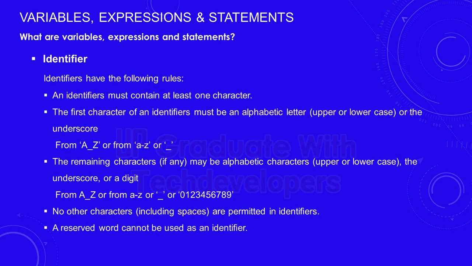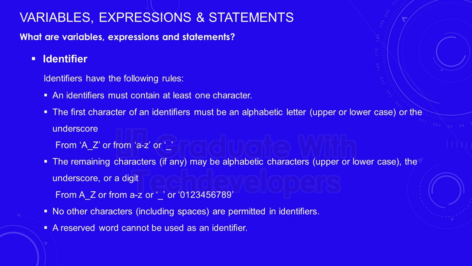So alphabets are from capital A to Z or small letters a to z, or just an underscore. The third rule: the remaining characters may be alphabetic characters, the underscore, or a digit. This means we can use multiple underscores while naming an identifier, and also the digits from 0 to 9.